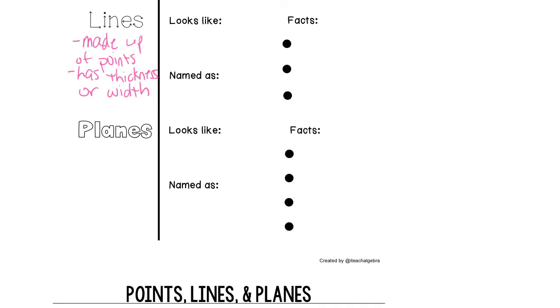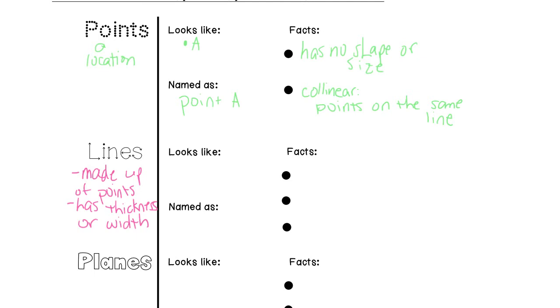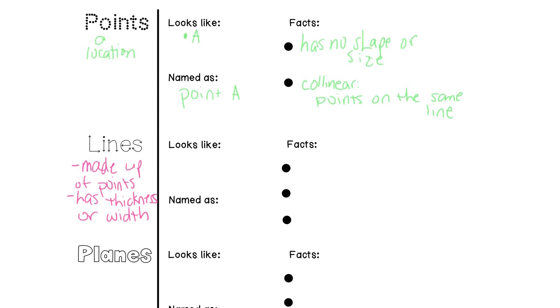Up here we said that a point is a location with no shape or size. If a line is made up solely of points, it has no thickness or width because points have no size, right? So it's simply just the connection between 2 points and all the points between that.